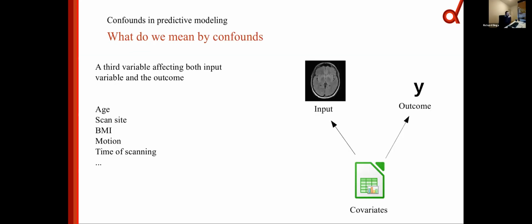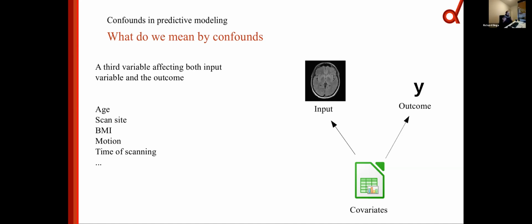But first, what do I mean in this presentation by confounds? It's some kind of third variable that is related to both my input variable and my outcome. The nature of this relationship is not important here. So site can be related to age, but it doesn't mean that if you get scanned in one site, it would make you younger.